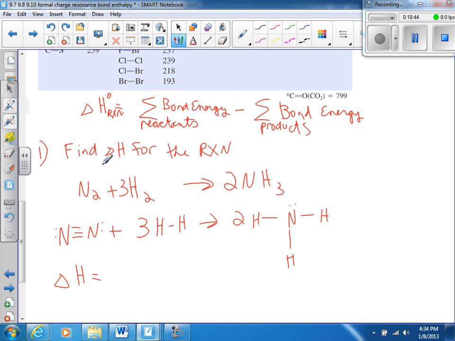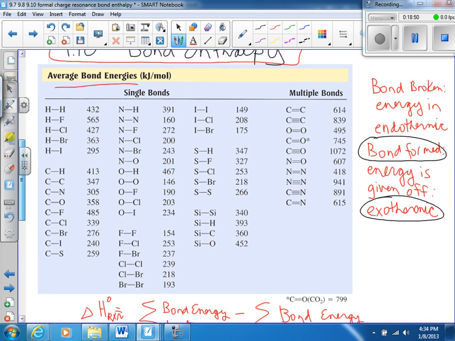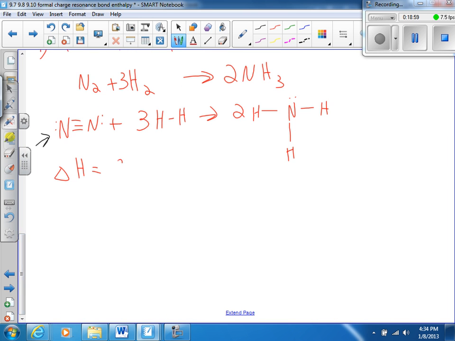So notice we have an N≡N triple bond. So we're going to look up in our table. An N≡N triple bond is right here. So we've got 941 kilojoules per mole. We have to multiply by the coefficient.